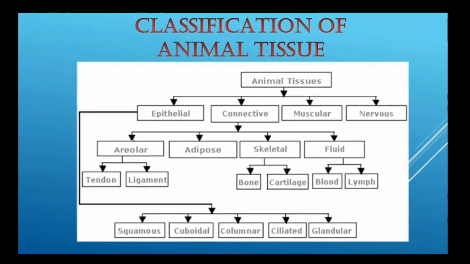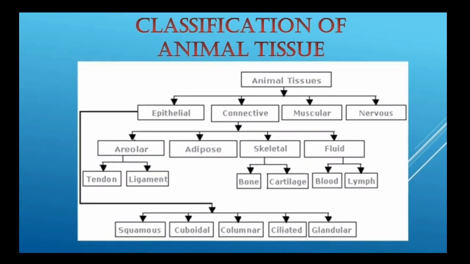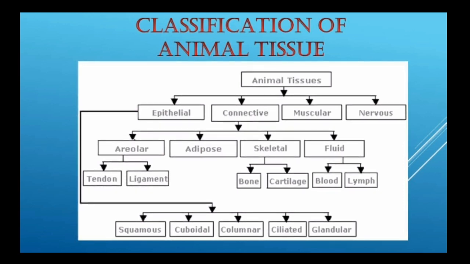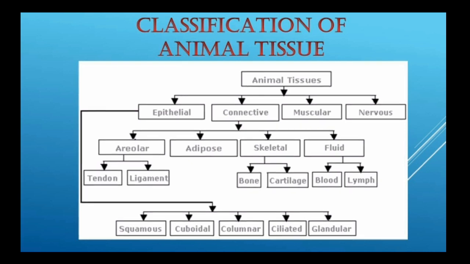So let us first discuss about plant tissue. In this video we will be first discussing about the various types of plant tissue, mostly about the meristematic tissue, and gradually we will discuss all the different types of plant tissue as well as animal tissue.